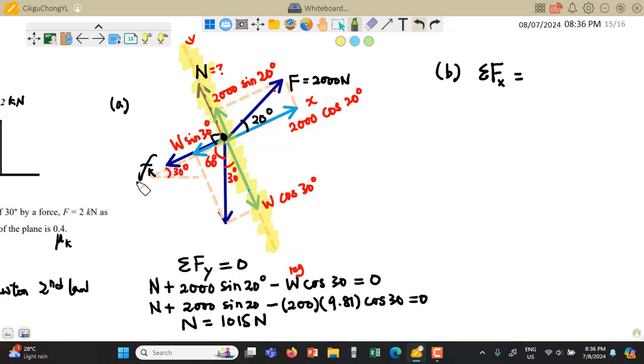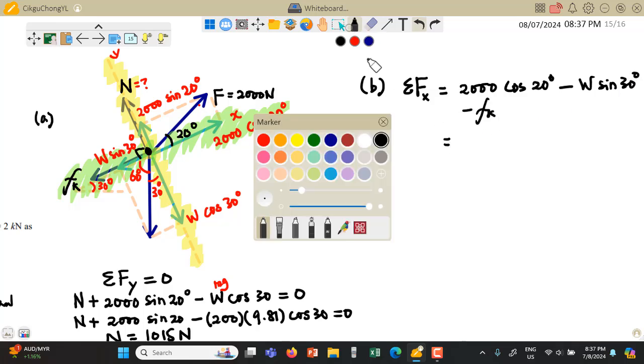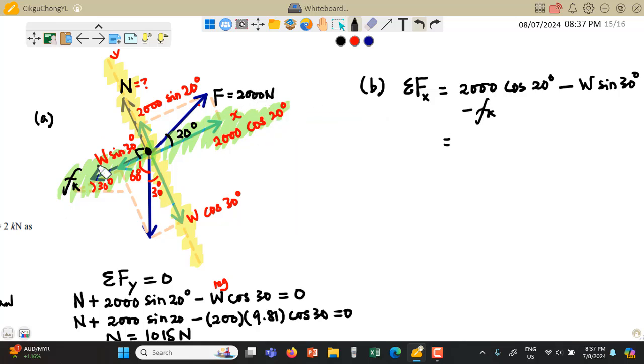Just focus on all the components of forces along the x-axis. The net force along the x-axis will be 2000 cos 20 minus W sin 30 minus Fk. That will be the net force acting along the inclined plane, the x-axis.